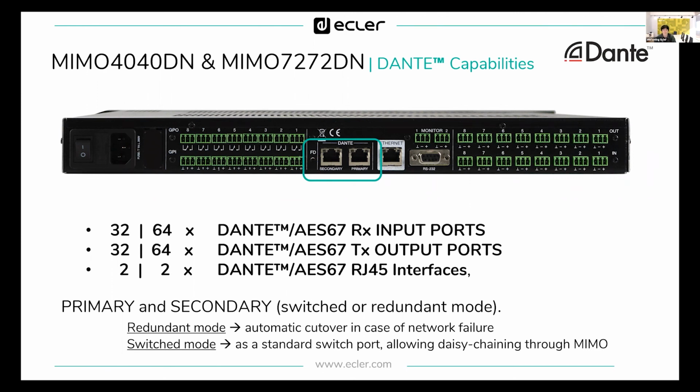We can also use these ports in switch mode. What is switch mode? It acts as a switch of 2 ports, so you can connect another MIMO or maybe another WPNet touch or whatever you want.